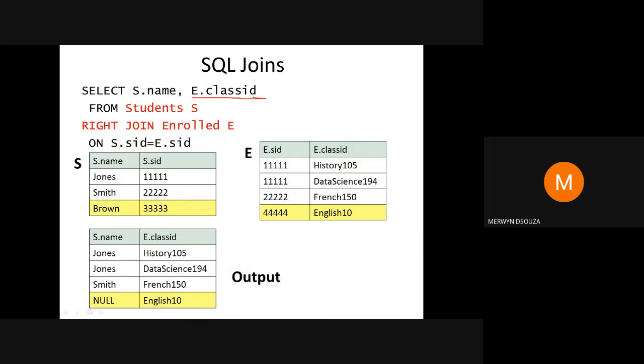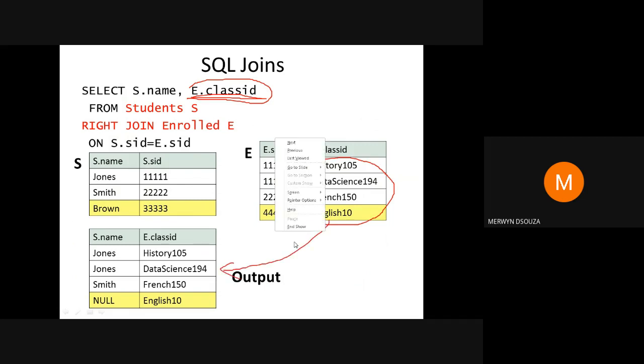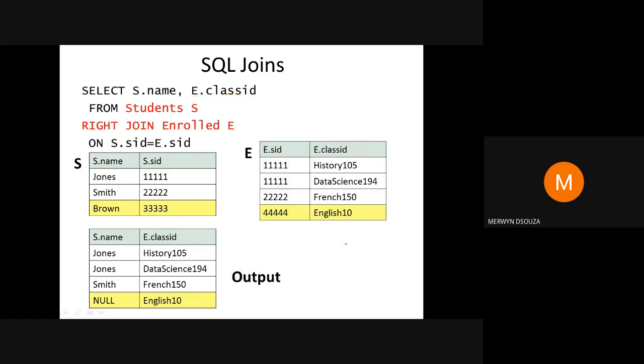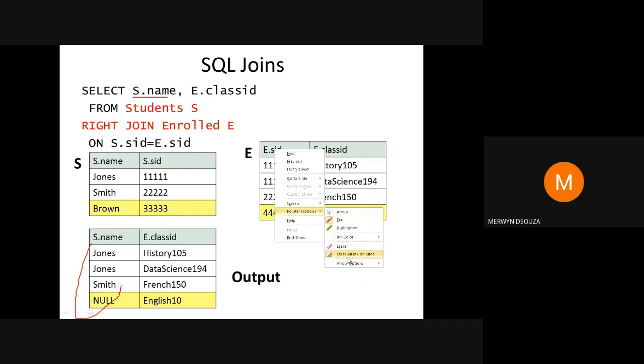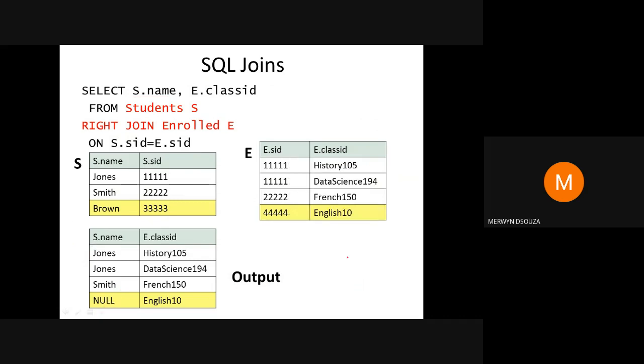Whatever column you have mentioned from the right table, that data will surely come in the output. The same is the case with the left join. If you are doing a left join, then whatever you have mentioned in the left table, that data surely comes in the output, as we have seen in the previous slide.